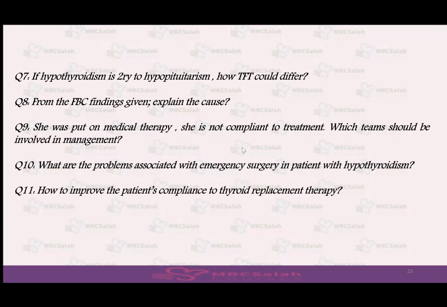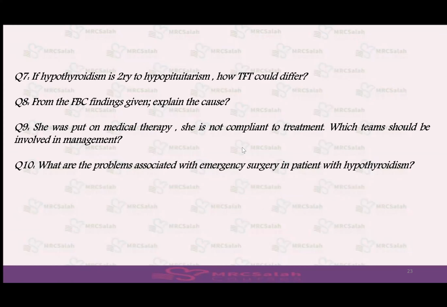Okay, Dr. Saeed, what are the problems associated with emergency surgery in a patient with hypothyroidism, or what are the surgical considerations? Before the operation, there can be anemia, decreased basal metabolic rate, and increased risk of ischemic heart disease. Intraoperative, there may be bradycardia or hypotension, maybe coagulopathy, due to decreased circulatory response.